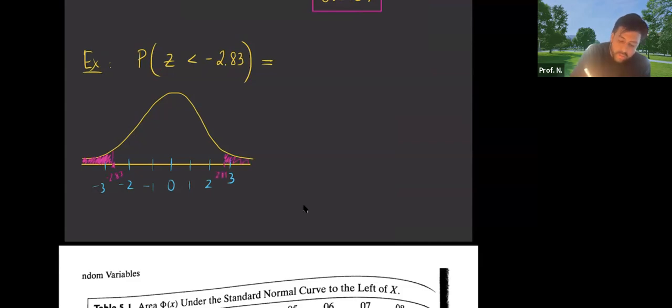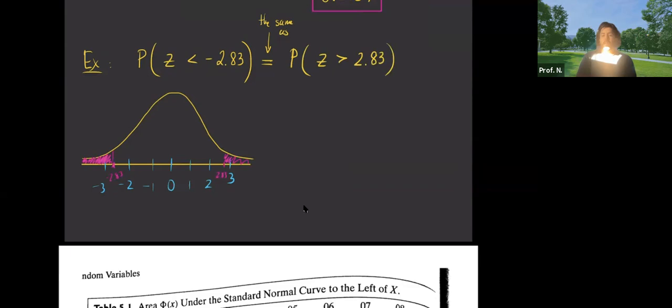So this is the same as the probability that my z value is bigger than positive 2.83. Do you agree? Is everybody in agreement with this? It's the same. So I can find the area to the left of this by reformulating the question as what's the area to the right of this value? It's symmetric, so it should be the same.